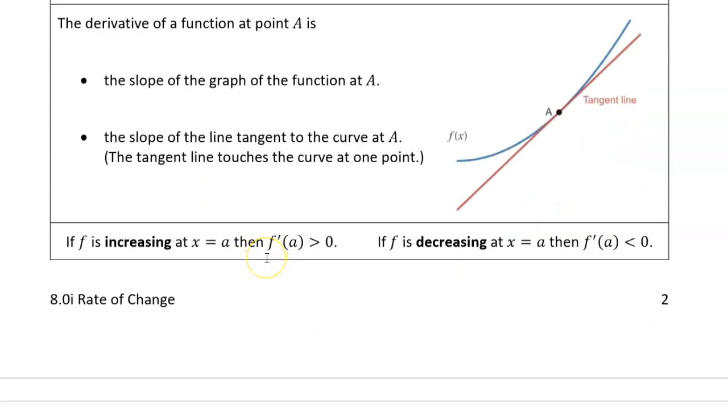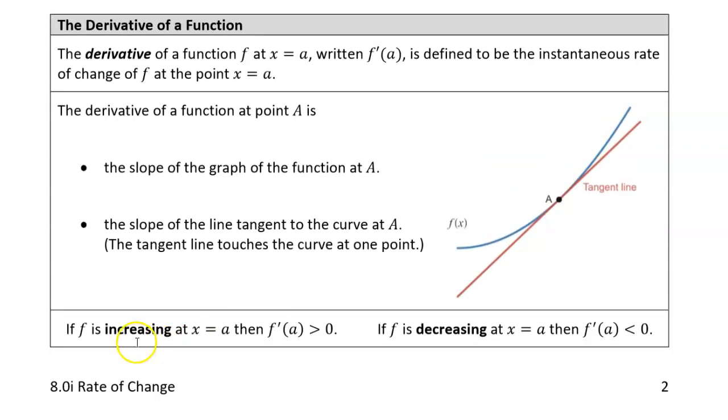All right. So if the function is increasing, then the derivative is greater than 0. It's increasing, so the change in y is getting bigger as you go in the positive direction for x, and so the slope is positive, which means the derivative is positive, because the derivative is essentially the slope of the tangent line at that point.